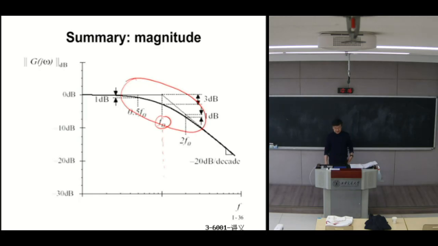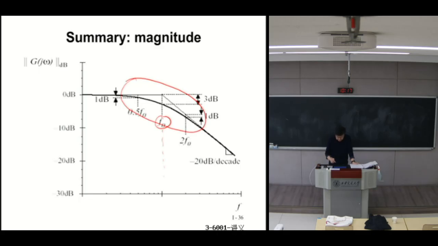So all those conditions to simplify the magnitude of this transfer function are not valid anymore. This is the major area where we have error between the actual Bode plot and the asymptotes.